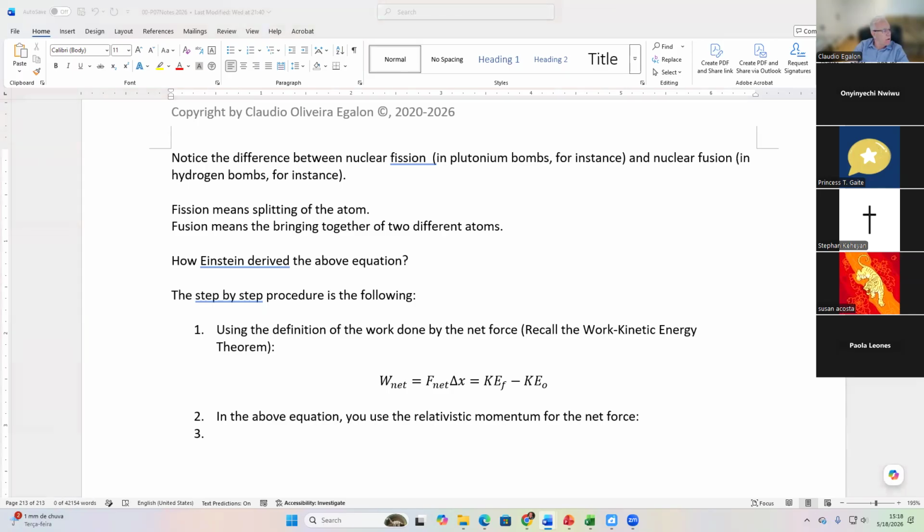Okay, delta P over delta T is the net force. But because we're doing the work done by the net force, we still have to multiply it by delta x.